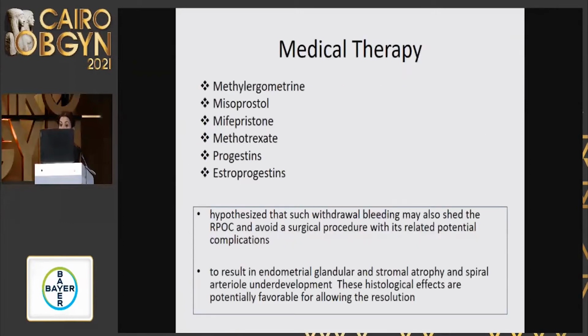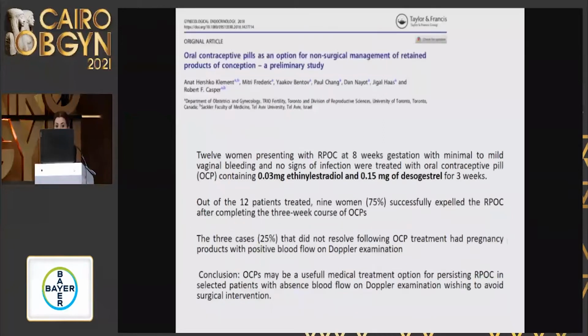The medical treatments have the objective to promote expulsion with uterine contractility or avoid the surgical procedure. The hormonal therapy has the objective to promote endometrial gland and spiral arterial underdevelopment. This study on the oral contraceptive pill with ethinyl estradiol and desogestrel was proposed to 12 women with persisting retained product of conception.